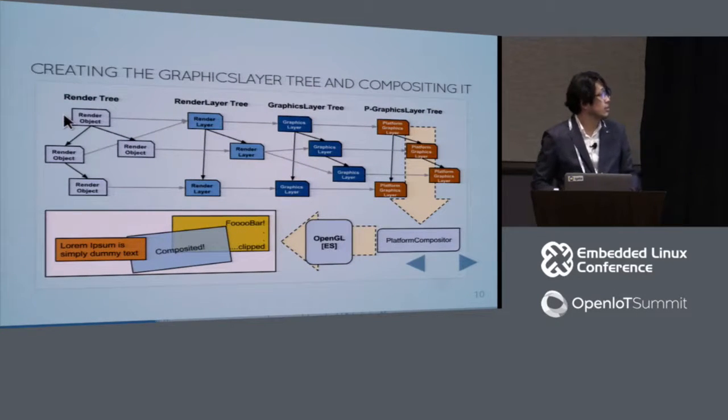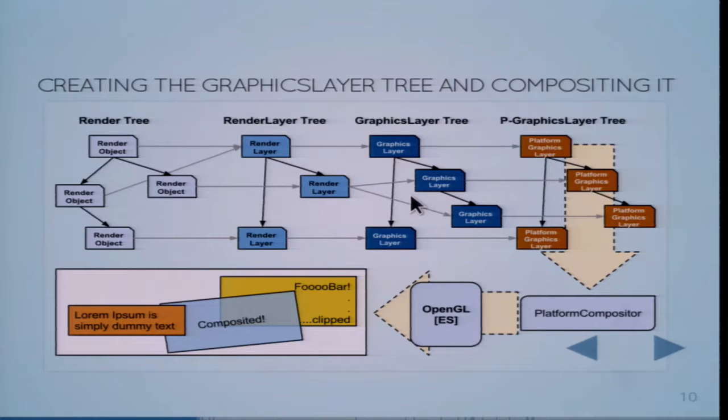So we create a render layer, and from there we create graphics layers, and then we have some platform graphics layer, because from this layer we can create several platform-specific graphics layers, because WebKit itself has several ports such as Mac and iOS and GTK, and every port has a different approach to make a real platform graphics layer.